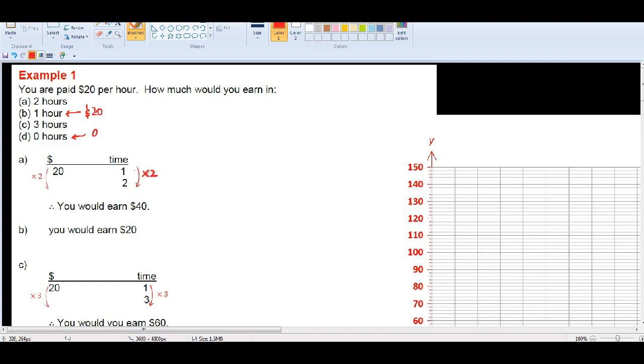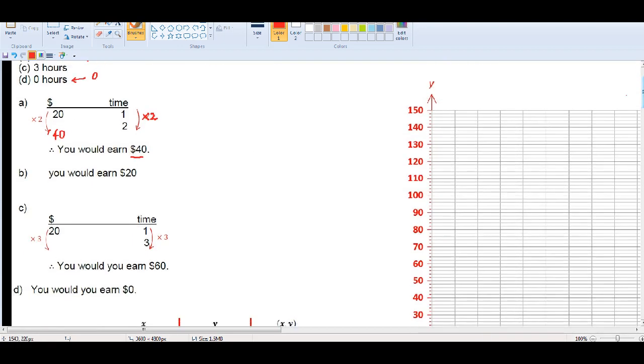It means from 1 hour to 2 hours, times 2. So how about the pay? The double line method means on one side you times 2 from 1 to 2, then on the other side you are going to times the same factor. So that goes from $20 times 2, $40. So you are going to earn $40. That's it, B we've done.